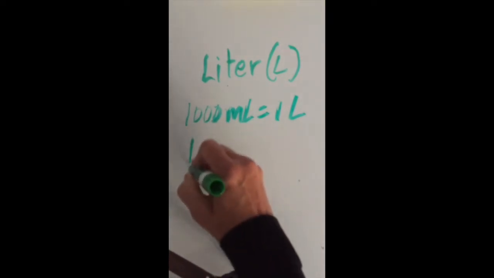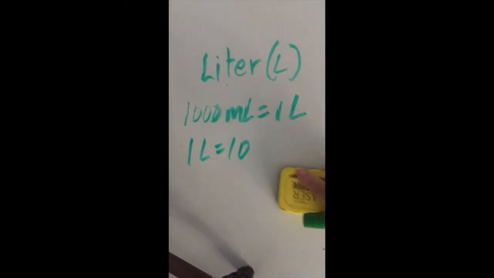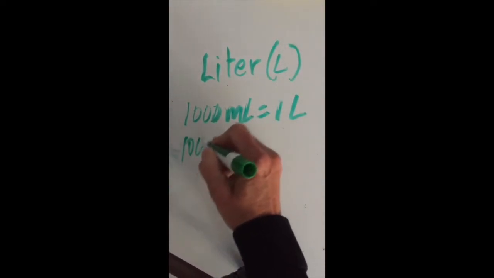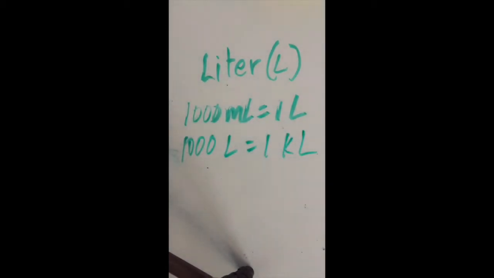We could say 1,000 liters is equal to 1 kiloliter. So the prefixes work the same way. We just change the basic unit of measure depending on what we are measuring.